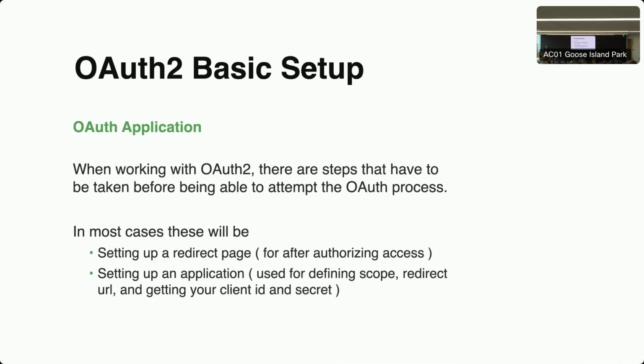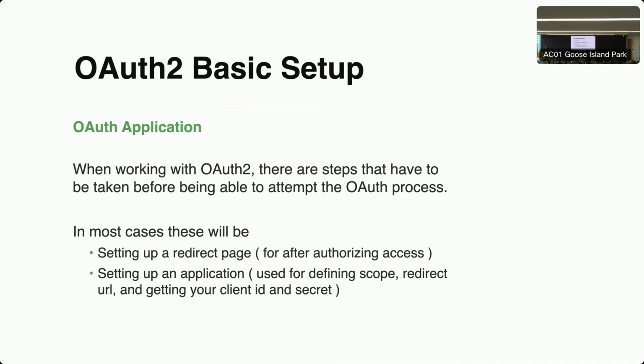The first step that we've got to do when we're working with OAuth with a service is go into usually a developer portal, and set up what they call an OAuth app. In there, we're going to define where that redirect happens, so wherever that page is hosted. They're going to give us some information too. They're going to give us a client ID and secret, which we'll use in subsequent calls.